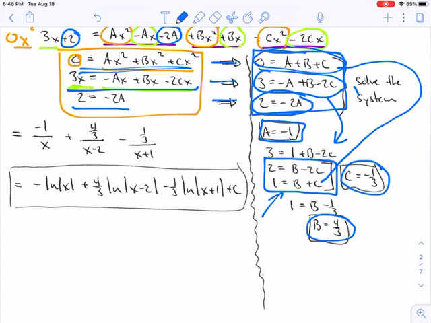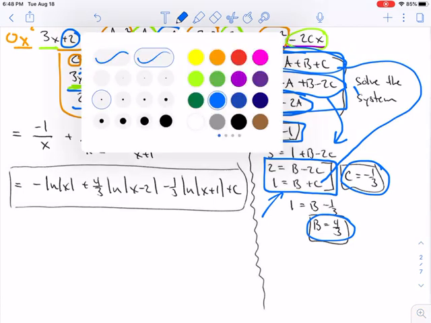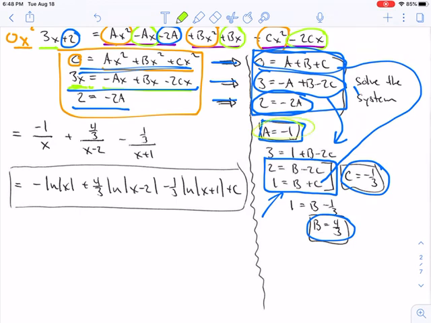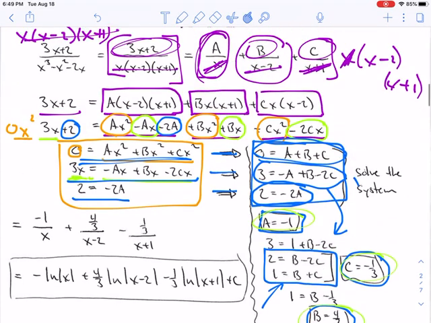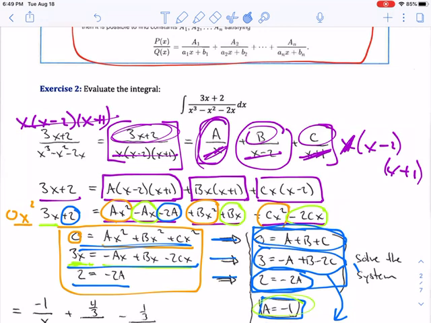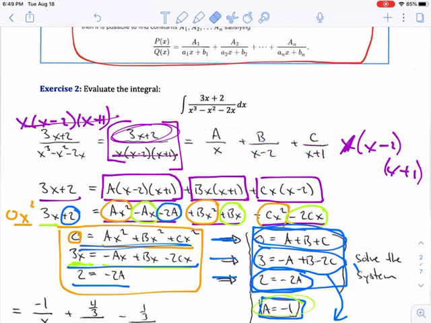Once we have all of these, what do we have now? Yeah, that's a good question. What do we have? We have a value of a, we have a value of c, and a value of b. So we go back to our original equation here, right?